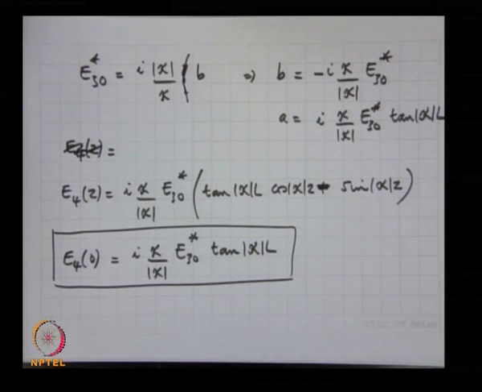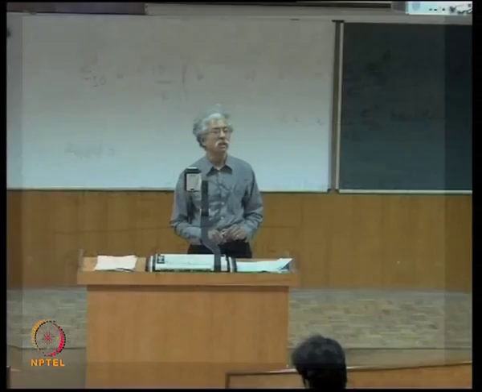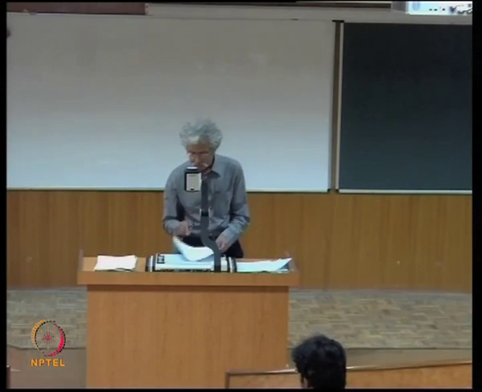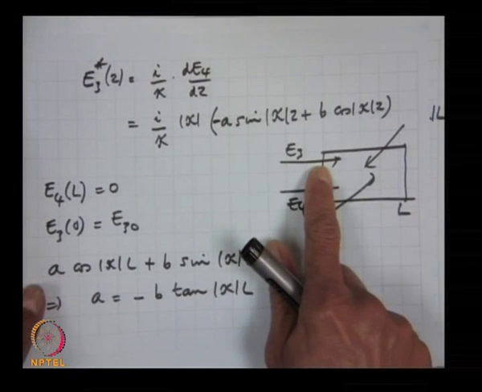So suppose I were to interpret this as a mirror, how will I define the reflection coefficient? E3 0 is incident and E4 0 is coming out.